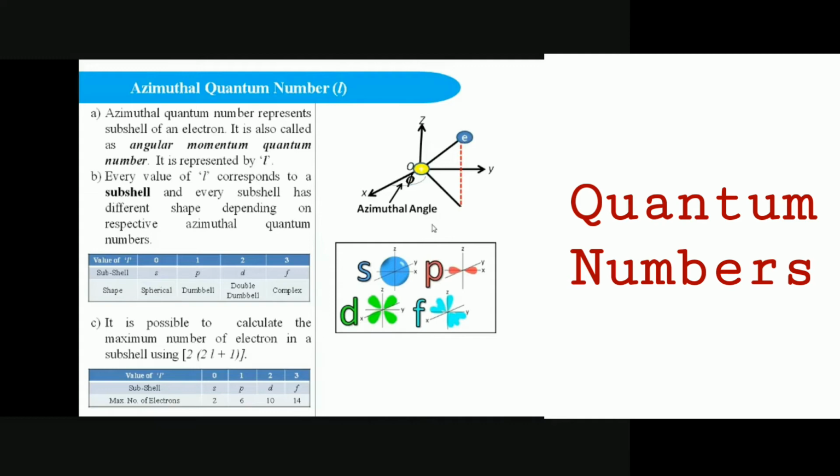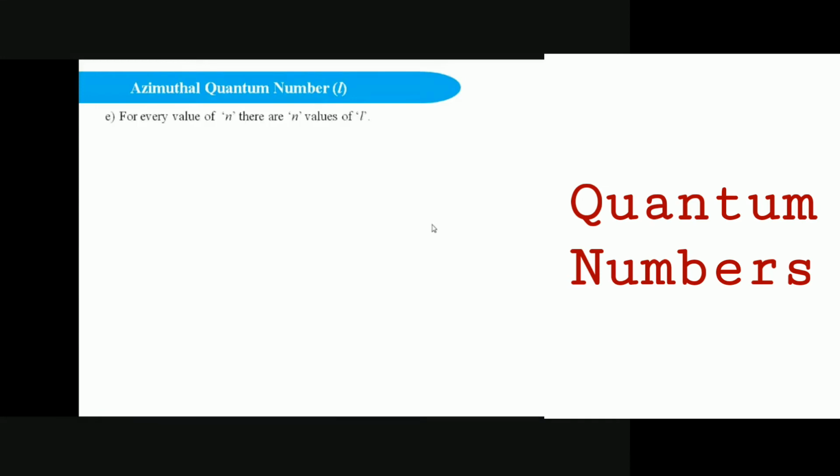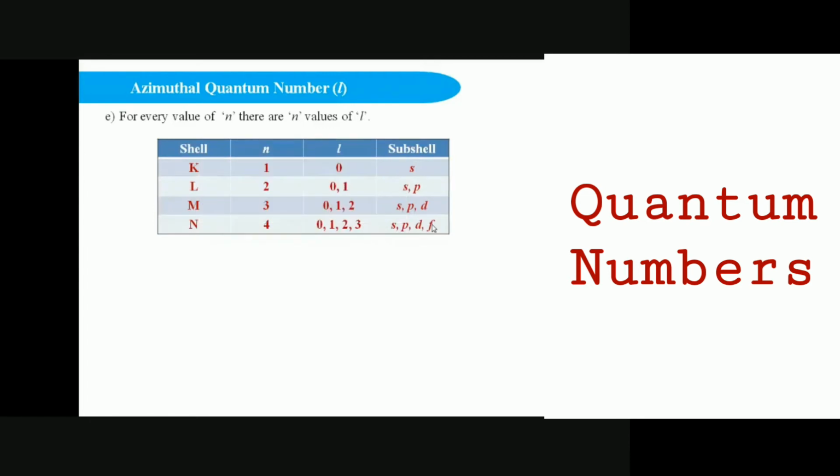Apart from giving the number of electrons and its spatial representation, it gives important information about the n and L values. So this L value means if the n is 1, it will have 1 L value. Okay, this is the relation. If n is 2, it will have 2, that is 0 and 1. If n value is 3, it will have 3 values, 0, 1, 2.